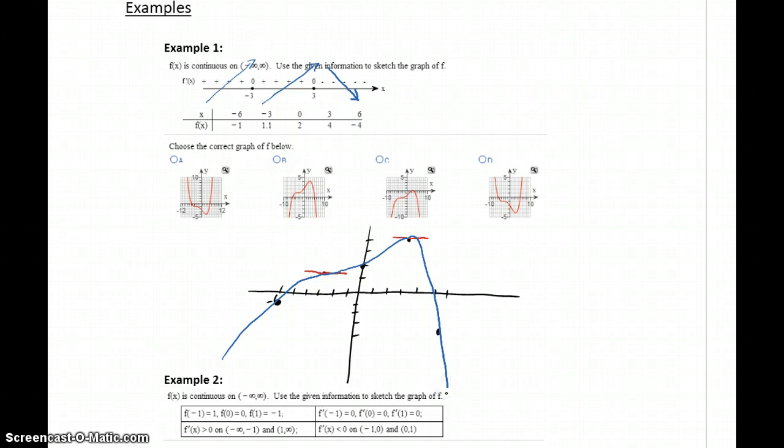So all we really need to do is come up with that rough sketch of the function just to get the general behavior. And what we can see is that our correct graph in this case would be B.